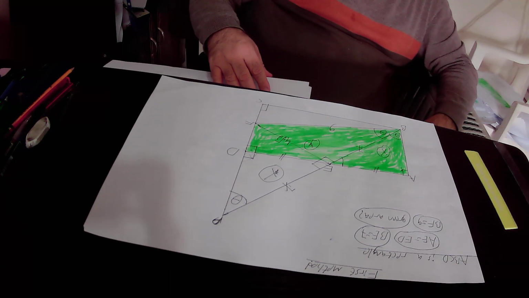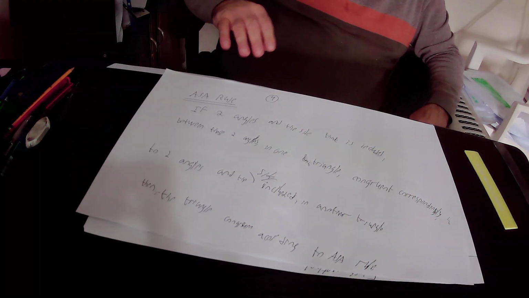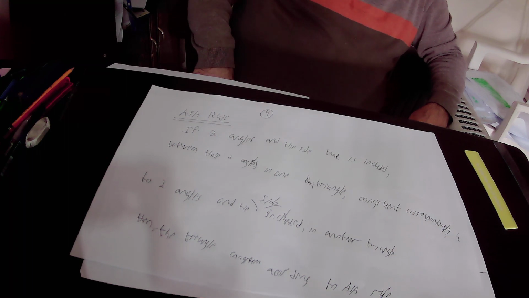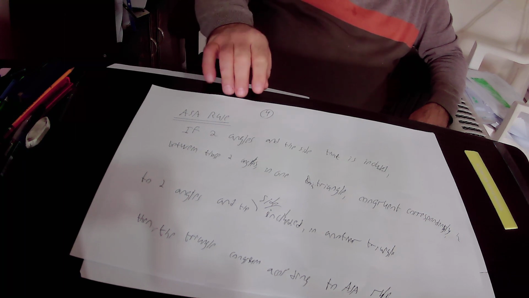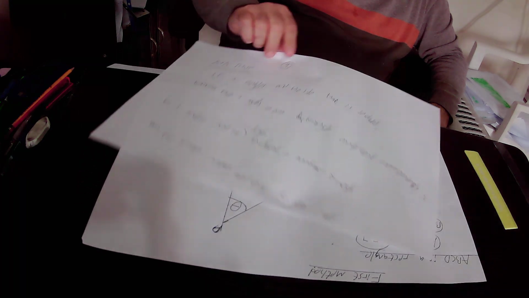So what is the angle side angle rule? The angle side angle rule states that if two angles and the side included between those two angles in one triangle are equal correspondingly to two angles and the included side in another triangle, then the triangles are congruent according to the angle side angle rule.